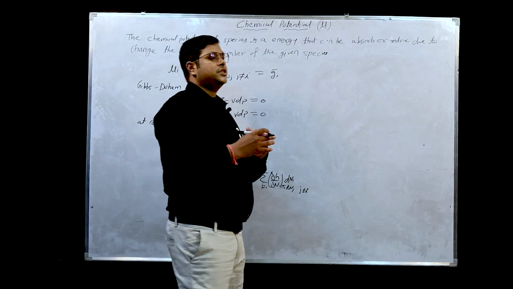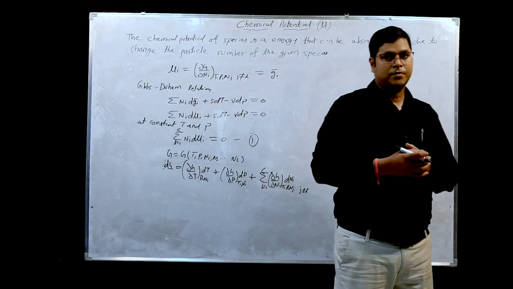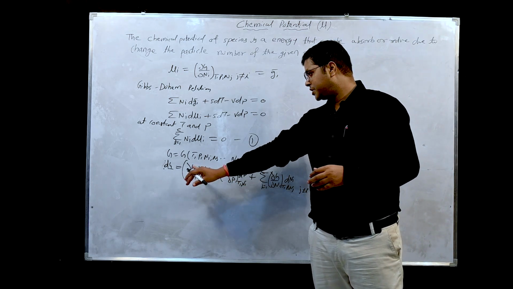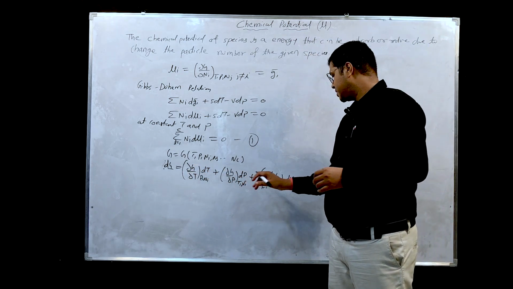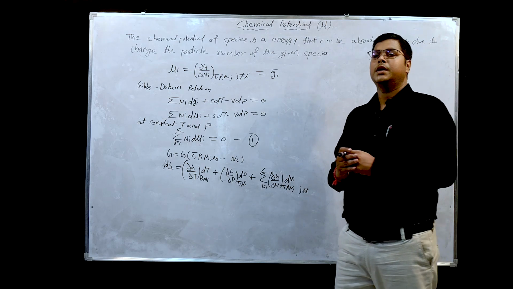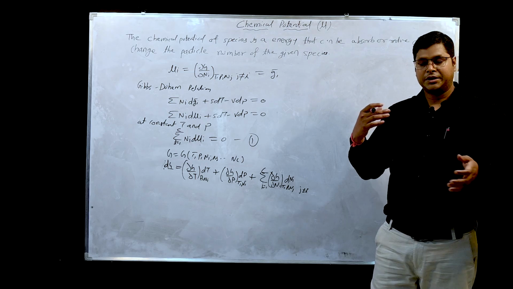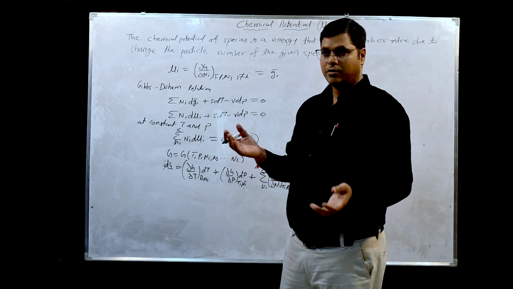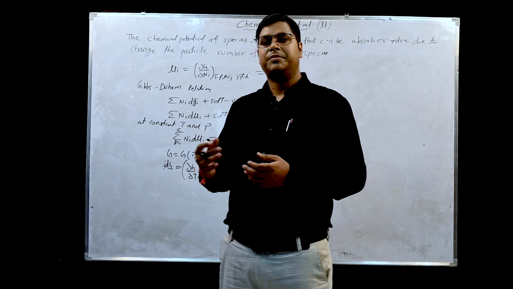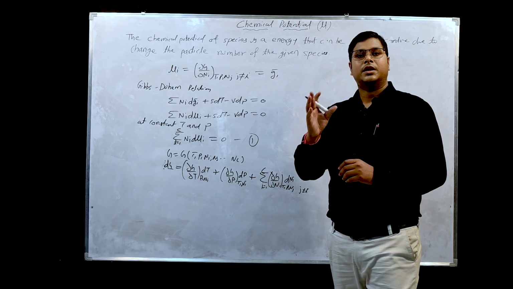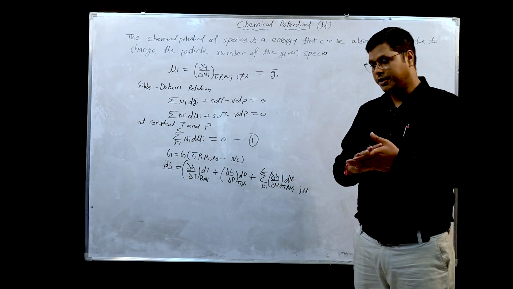So any system where we measure G is a function of temperature, pressure and number of components. If the system is isolated, there is no exchange, meaning no change in temperature and no change in pressure, and the number of components is also constant.